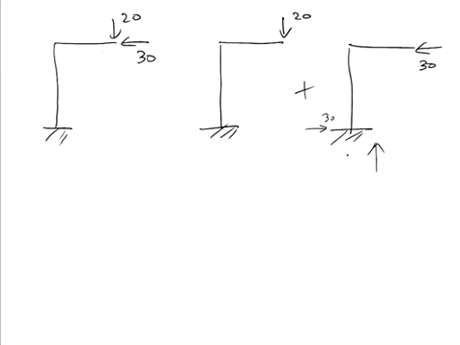Do I have any horizontal force? No. So if I attempt to draw my shear force diagram here, I won't do it with numbers, I'll leave you to do that yourself. But in the shear force diagram here, there's no shear force in the vertical leg, and then you step up and across and down.